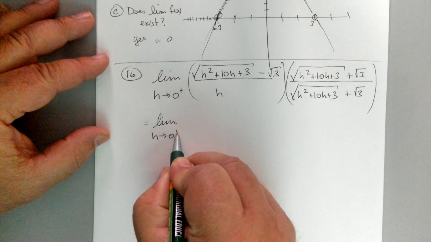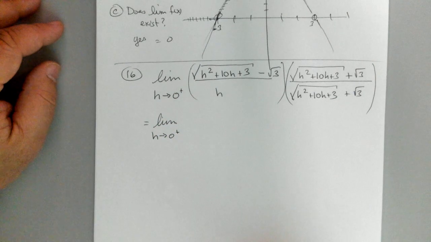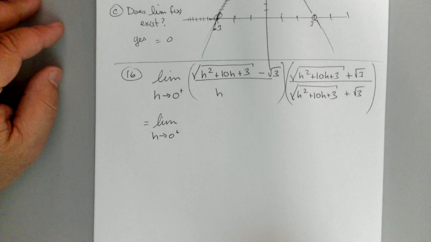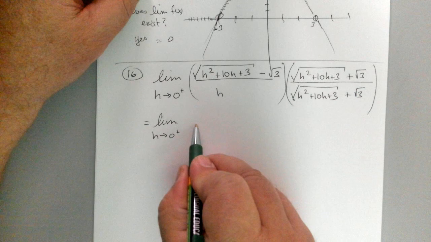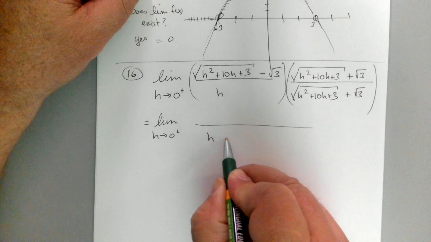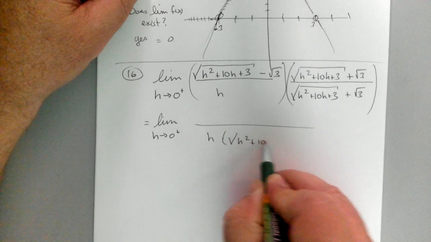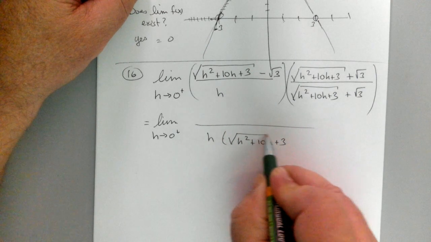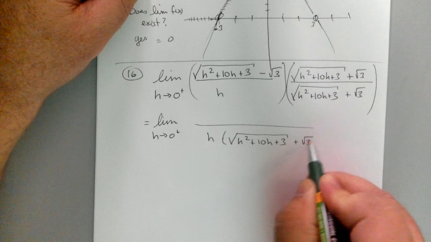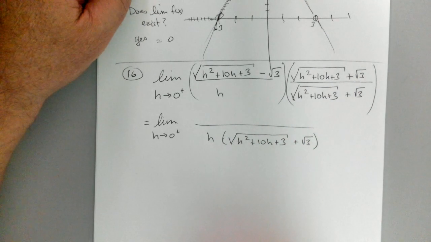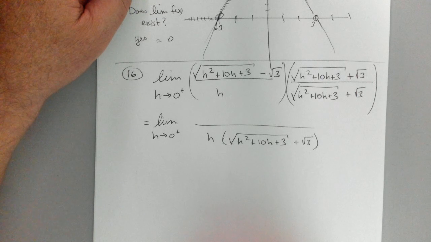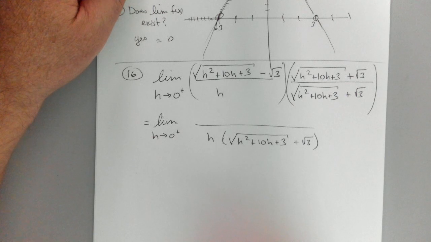What was the shortcut? We know the bottom is going to be h times radical h squared plus 10h plus 3 plus radical 3. On top, we do not have to FOIL.